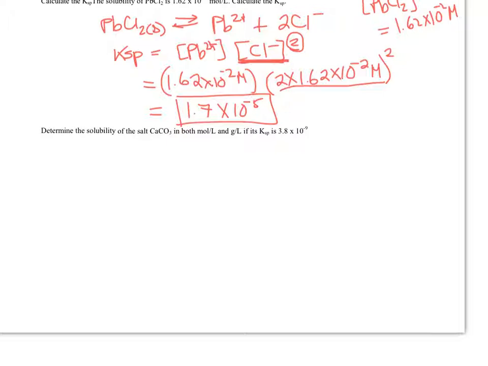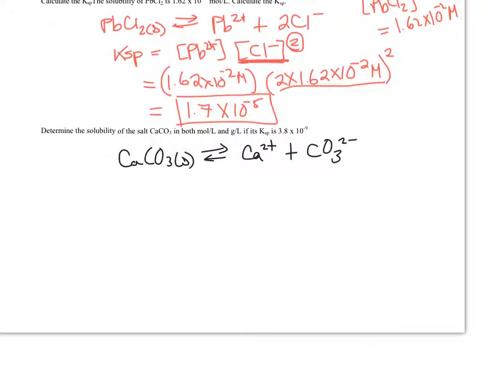Determine the solubility of the salt CaCO3 in both moles per liter and grams per liter if its KSP is given to you. So, since we're talking about KSP, you start as always: you write out your dissociation equation and the K expression. So let's do that. CaCO3 solid dissociates into Ca2+ and CO3 2-.